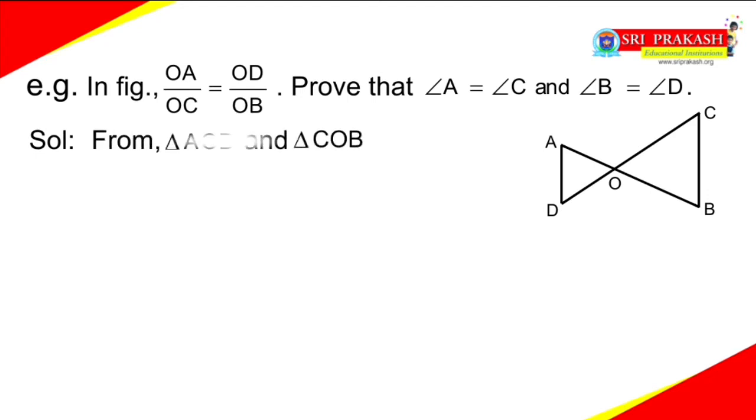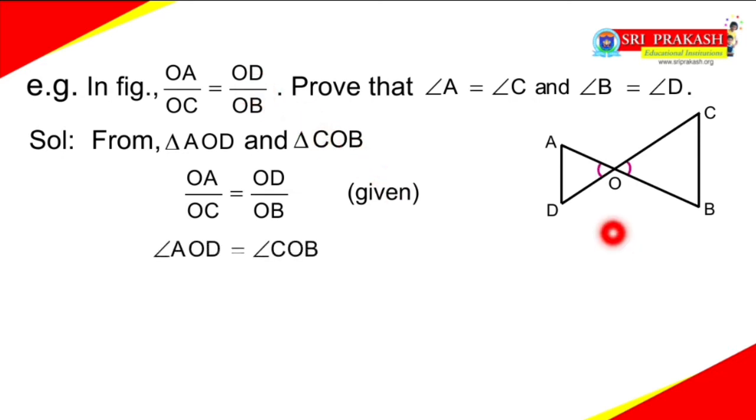Children, from triangles AOD and COB, we have OA by OC is equal to OD by OB, since it is given in the problem. Next, angle AOD is equal to angle COB, since these are a pair of vertically opposite angles.